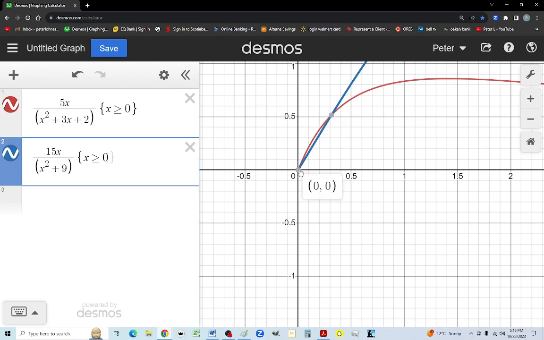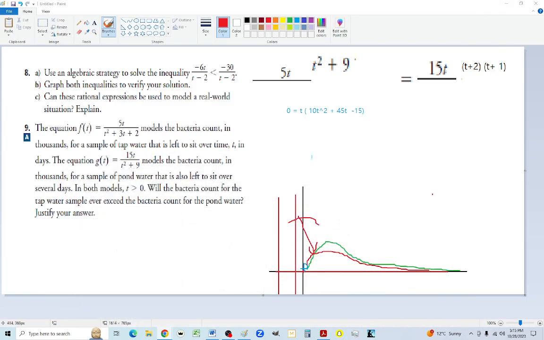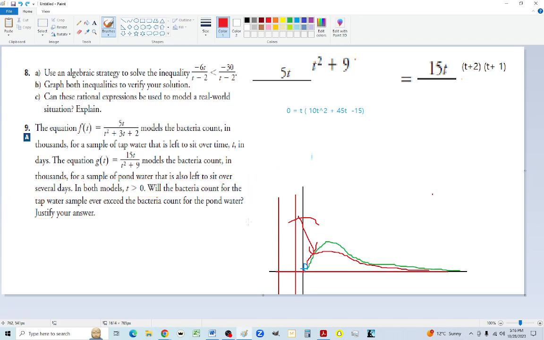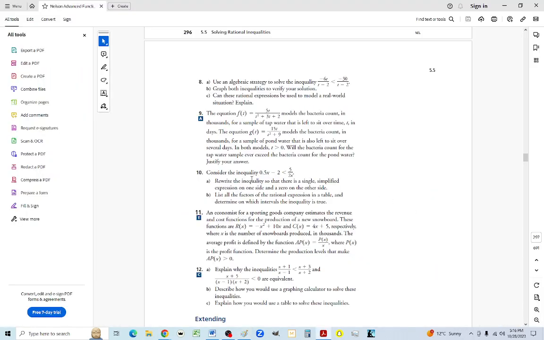So the answer would be between 0 and 0.312. And if it says smaller equals, yeah. So there's our answer, between 0 and 0.3199. Will it be bigger than 0? So very straightforward question. You just got to map it out.